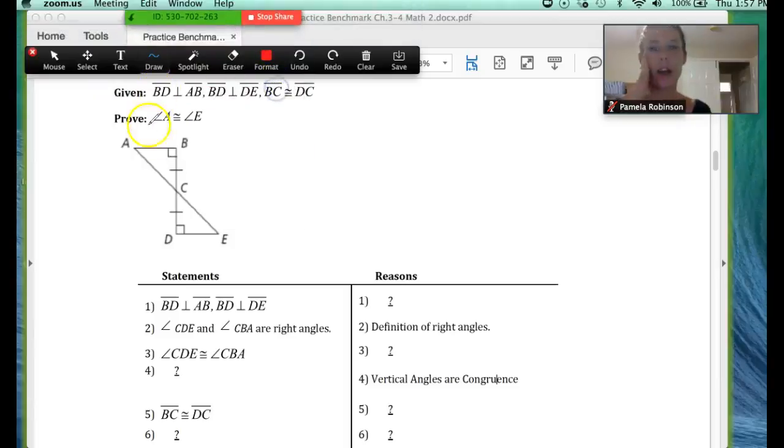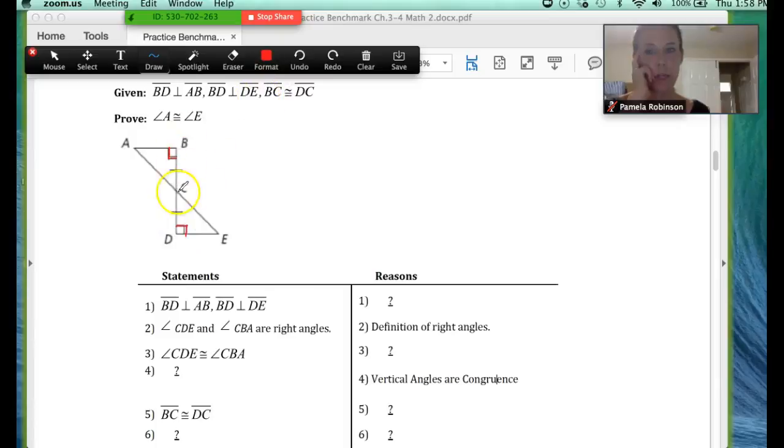So the information I have here is BD is perpendicular to AB right here. And then I mark it with a right angle because when I have two perpendiculars, they meet at right angles. And then also BD is perpendicular to DE, so I'm going to mark that with a right angle.